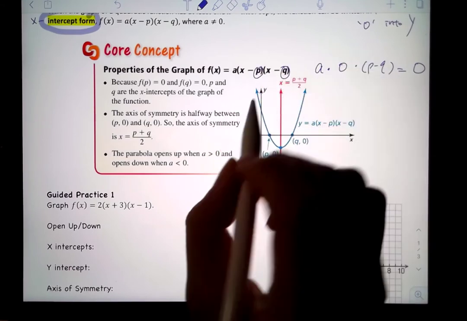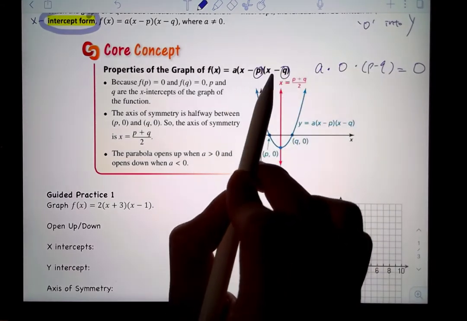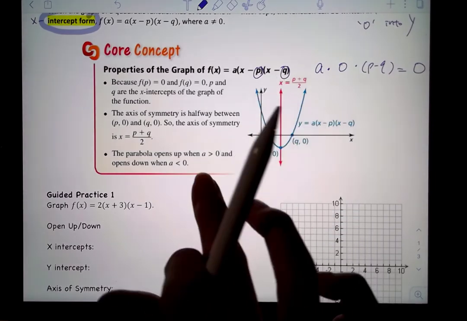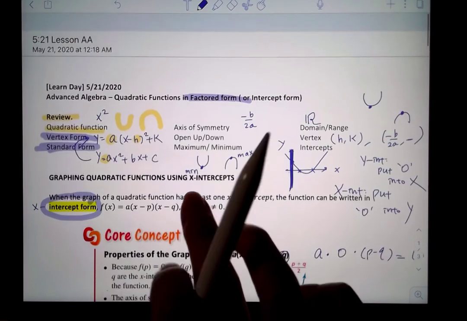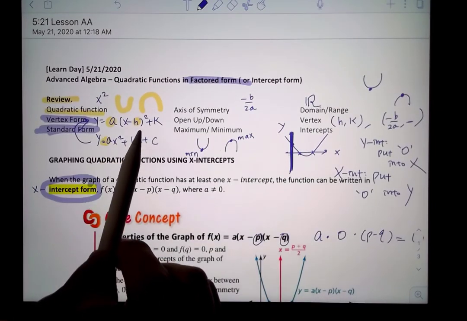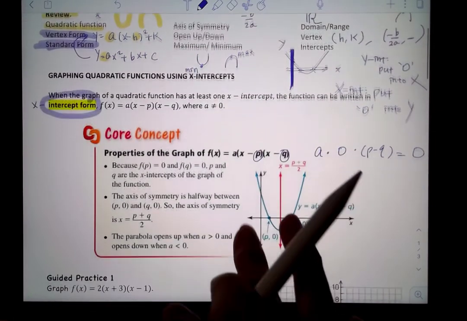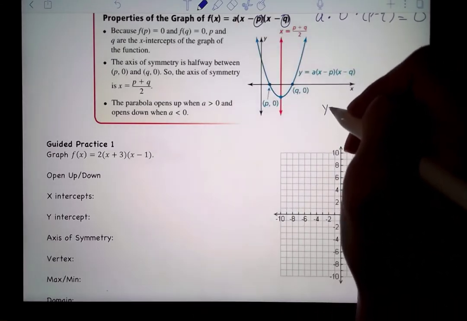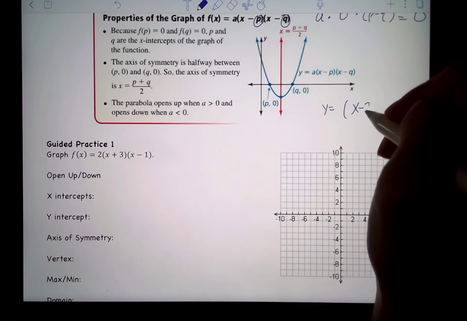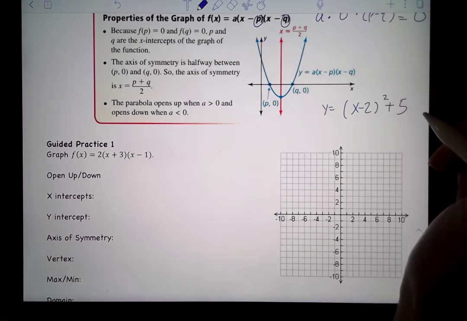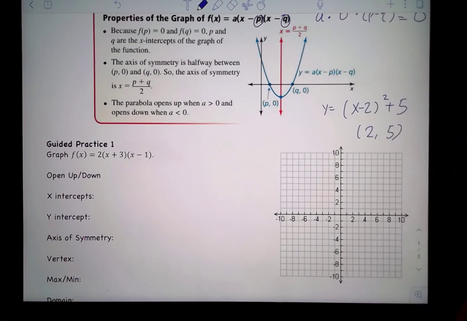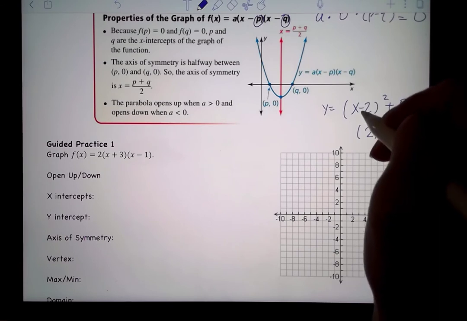Do you see this? You have minus here: x minus p, x minus q. So take the opposite sign. Think about when you get the vertex, we also took the opposite sign. For example, y equals (x minus 2) squared plus 5. Then your vertex was (2, 5), not (negative 2, 5). We changed the sign.